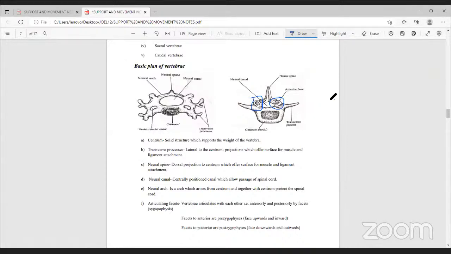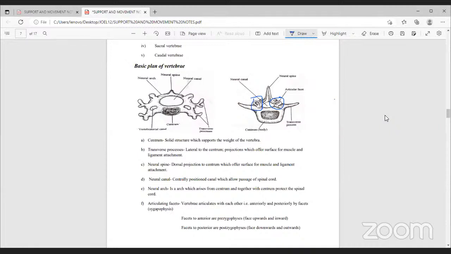So that is where one vertebra is going to be connected with another vertebra to form the vertebral column. These articulating facets provide a surface whereby the vertebrae are connected with each other.